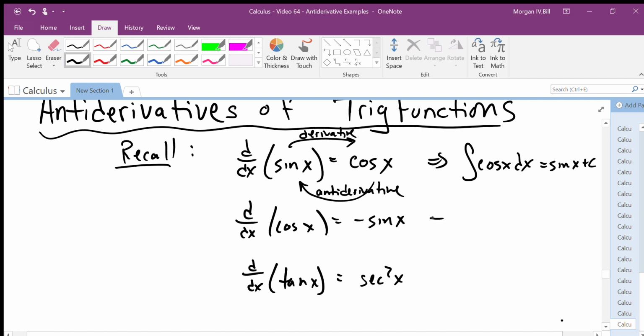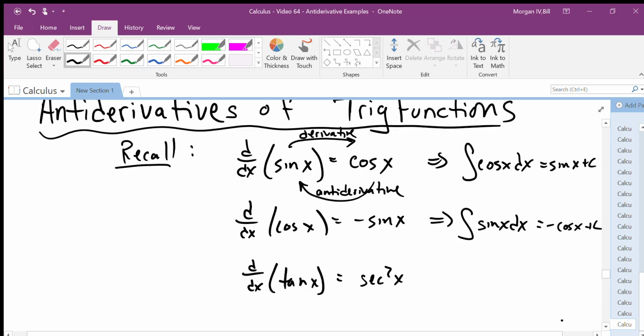All right, similar argument. If the derivative of the cosine of x is negative sine of x, that means the antiderivative of sine of x dx, well, I don't have the negative sign here, so let's move that to the other side, and we get negative cosine of x plus c. The antiderivative of sine of x is negative cosine of x.